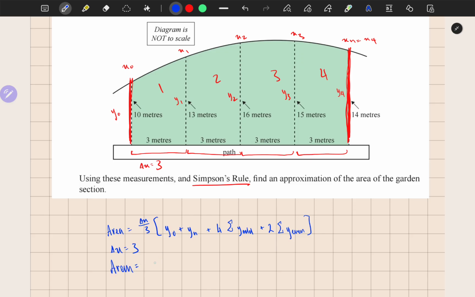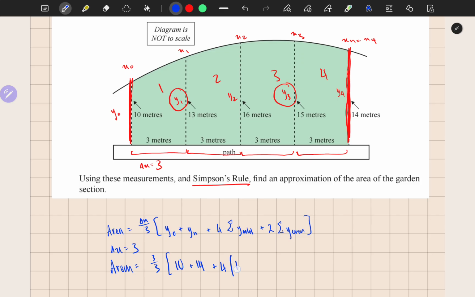So delta x is going to be 3, because the average interval distance is 3, divided by 3, multiplied by the first y value, so the first measurement is 10, plus the last y value, which is 14, plus 4 times the sum of all the odd y values. The odd ones are y of 1 and y of 3.